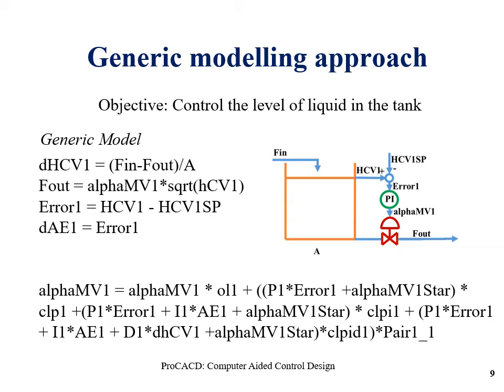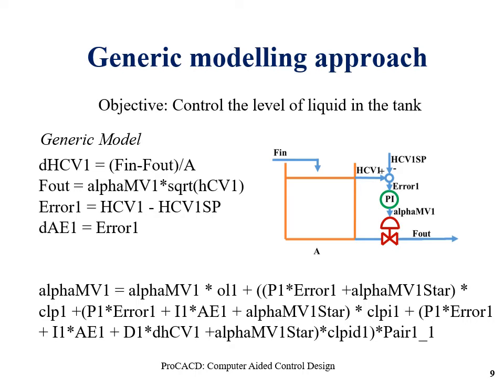Since H, the height of the liquid, is the control variable, we have appended CV to the variable H, and also appended 1, which represents that it is the first variable. If you have a second control variable, it will be represented as CV2, and similarly a second manipulated variable will be MV2.